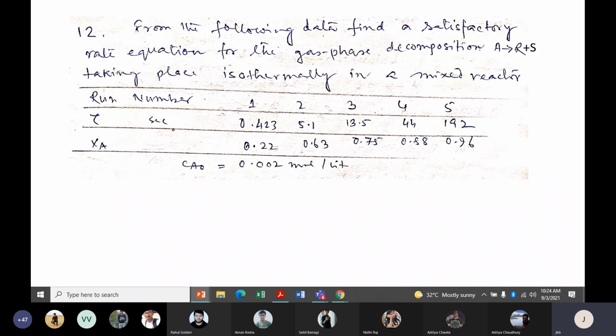Observe the data: tau 0.423, 5.1, 13.5, that is, increases exponentially, 0.423 to 192, and XA 0.22, 0.63, 0.75, etc.